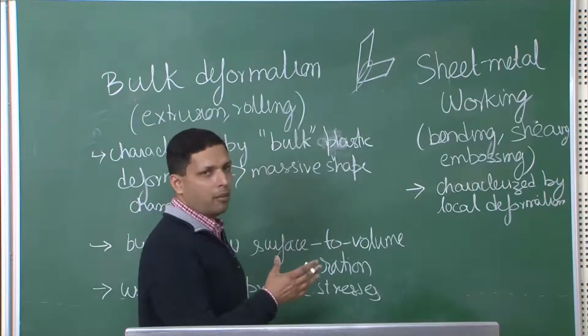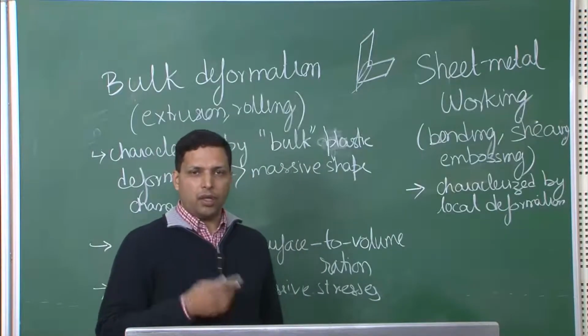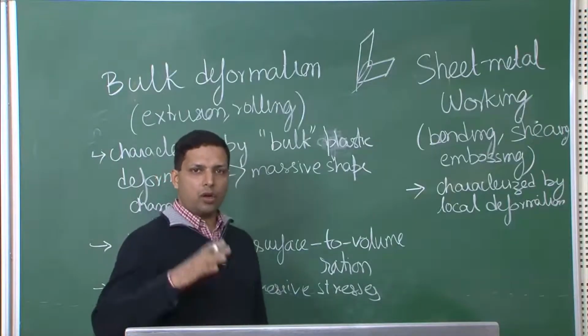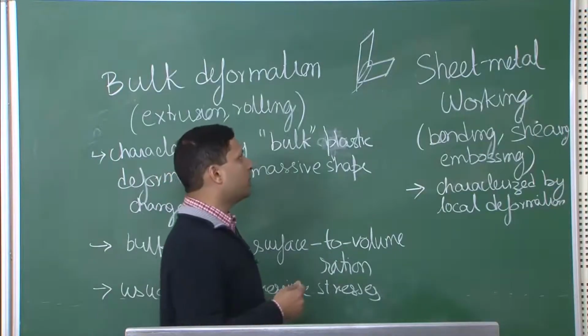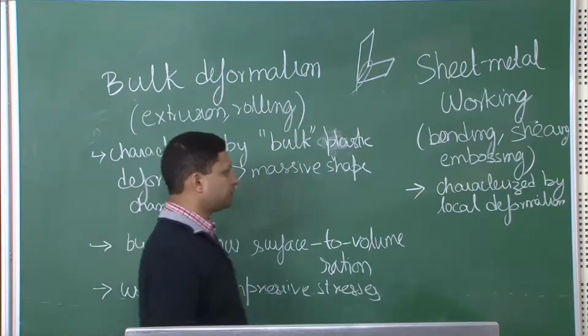On the other hand, if you remember when we were talking about extrusion or rolling or forging, in all of those, the whole of the material was actually getting deformed. So the deformation was not limited to any local region.